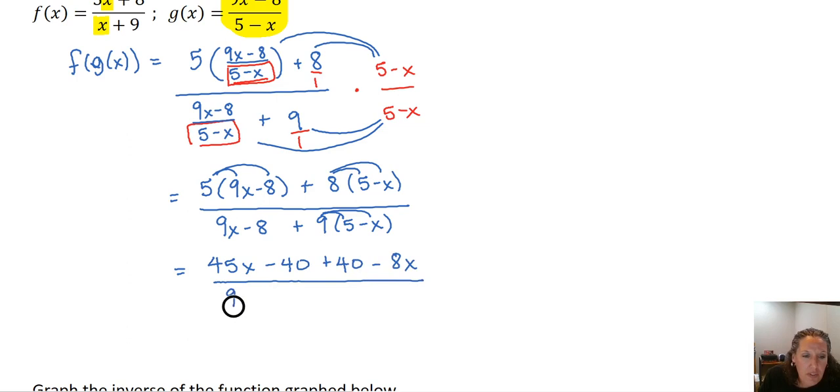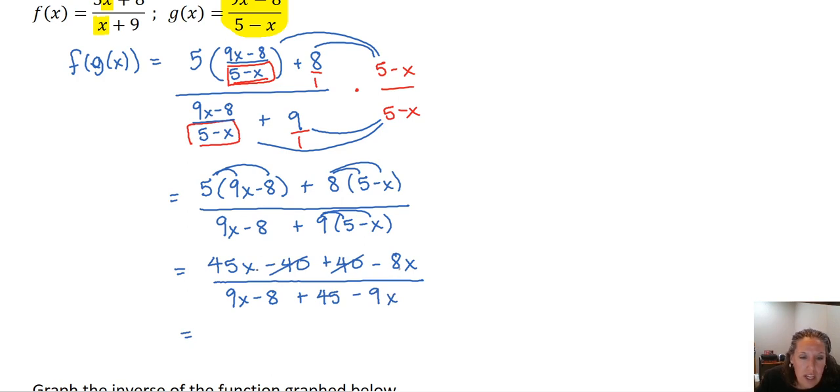In the denominator, we've got 9x minus 8, and then distributing that 9, we get 45 minus 9x. And then when we combine like terms in the numerator, we've got a plus 40 and a minus 40.